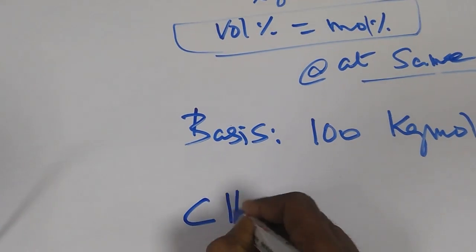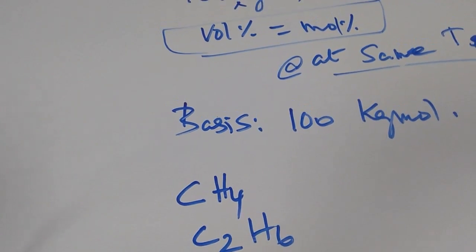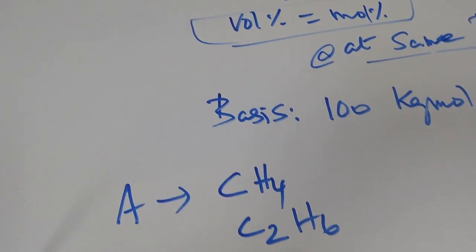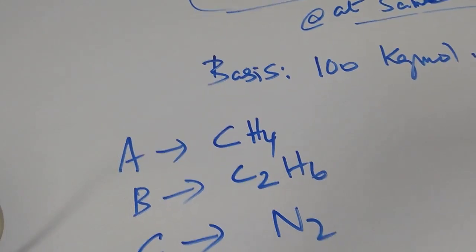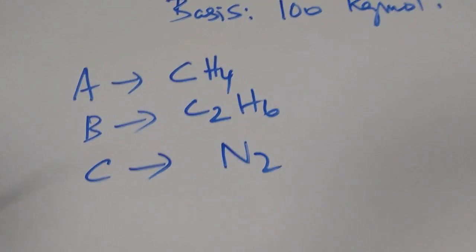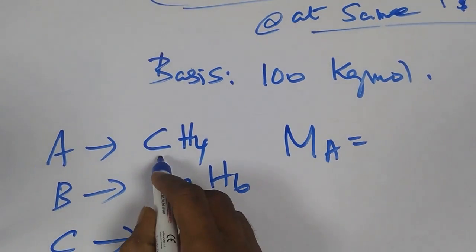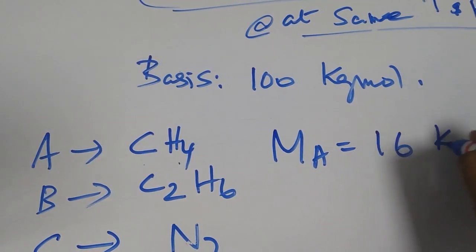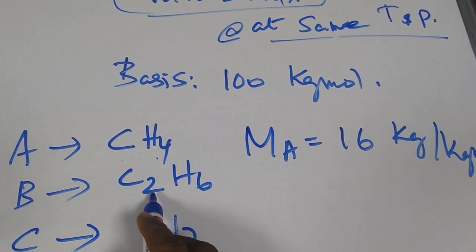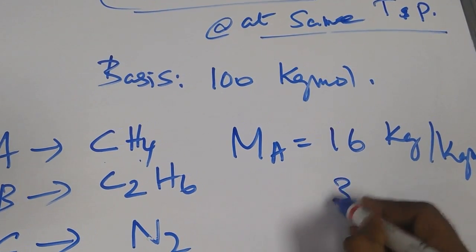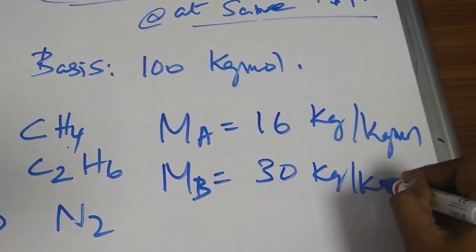What are the molecular weights? Let us write that down for all three components. Let A refer to methane, B refer to ethane, C refer to nitrogen. The molecular weight of A is 12 plus 4, 16 kg per kg mole. For B, 12 into 2, 24 plus 6, 30 kg per kg mole.